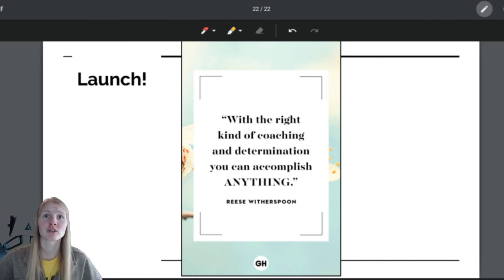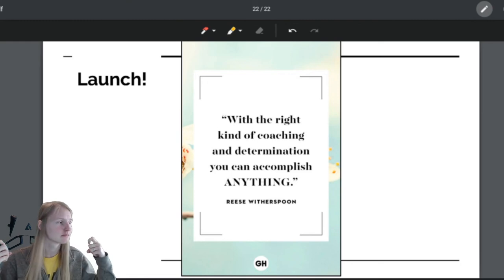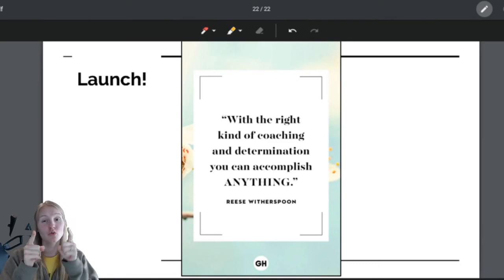And if you have a coach, get the determination to listen to them and do what they're encouraging you to do, because coaches are there to help you reach your goals, just like teachers. We can give you the right kind of coaching, but you have to have the determination to get the work done and to take your learning into your own hands.